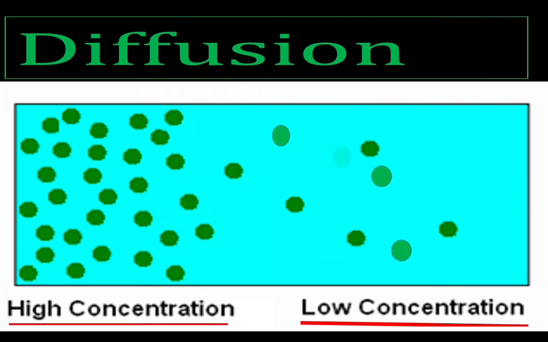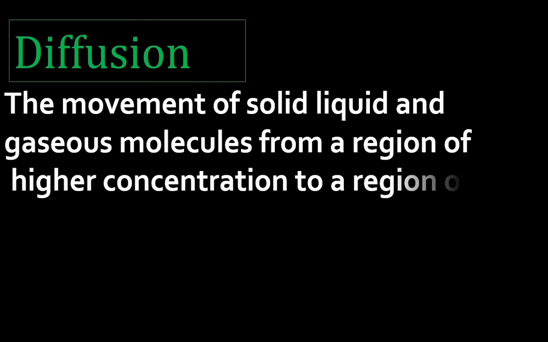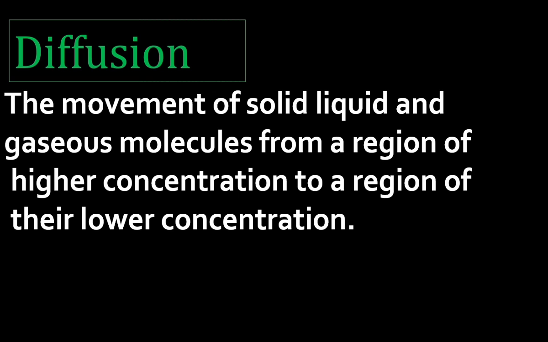In diffusion, the molecules move from the region of higher concentration to lower concentration. Diffusion involves the movement of solid, liquid and gaseous molecules from a region of higher concentration to a region of their lower concentration.